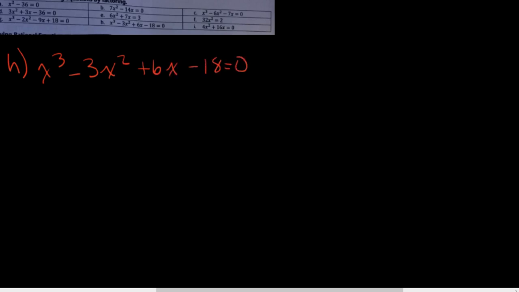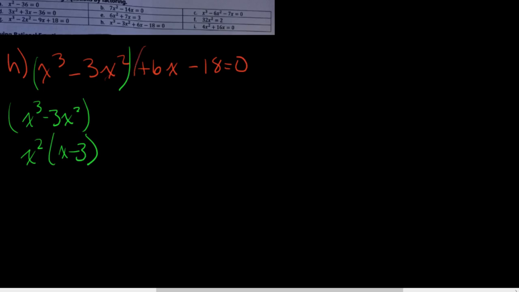And again, this is a factor by grouping, so I'll make one group here. So I've got x cubed minus 3x squared, and I can pull out an x squared. So I get x squared times x minus 3. And then my other group is positive 6x and negative 18.